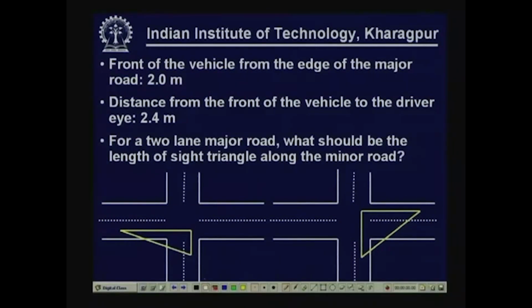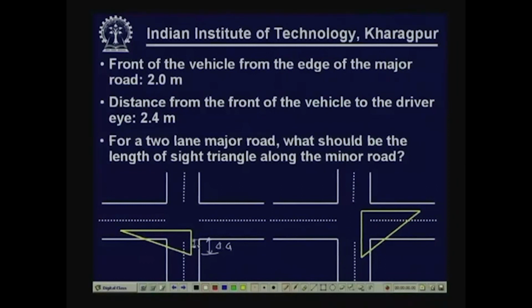Now, this complete thing is 4.4 meter, which includes front of vehicle from the edge of the major road as say 2 meter and distance from the front of vehicle to driver's eye, because the driver is sitting at a distance from the front of the vehicle. So, that normally in American condition it is 2.4 meter. So, altogether this distance becomes 4.4 meter.